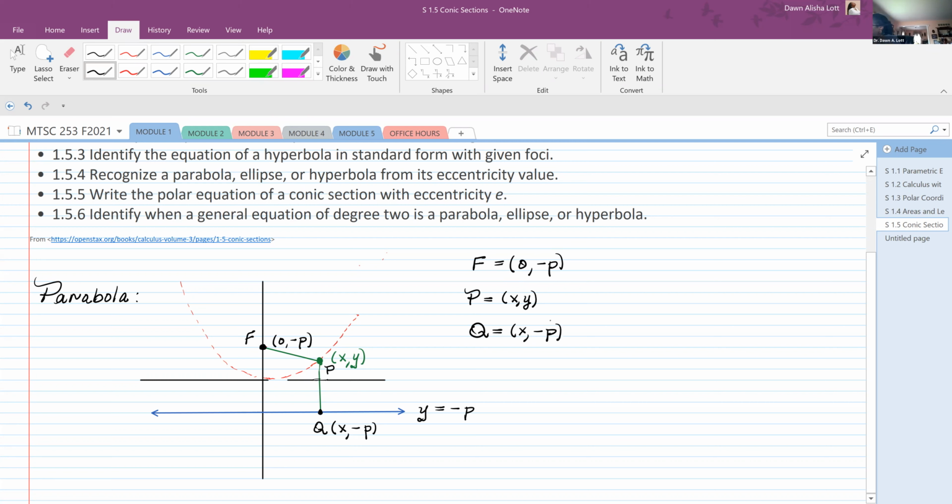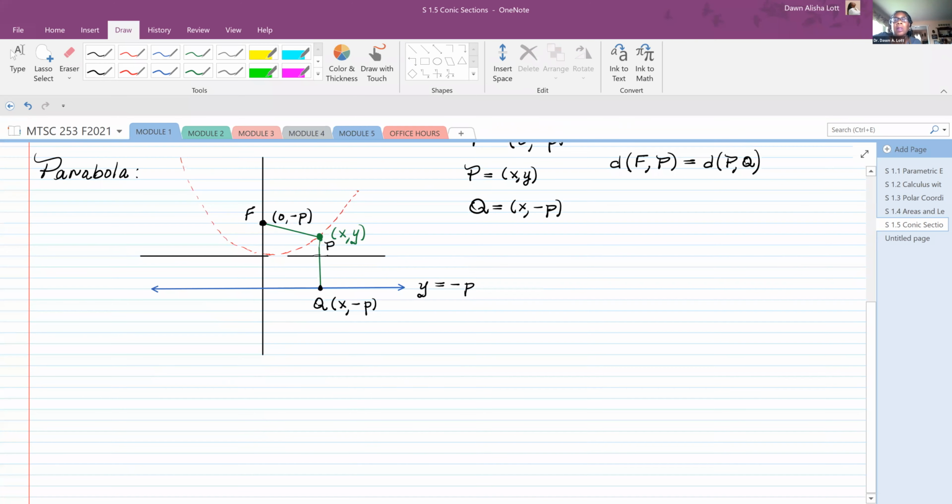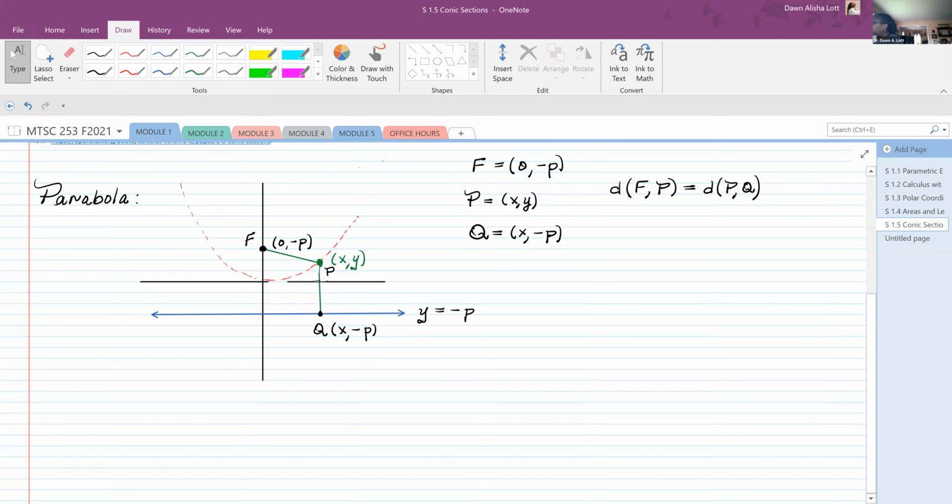So now I need the distance from F to P to be equal to the distance from P to Q. I need the distance formula, which is very simple.